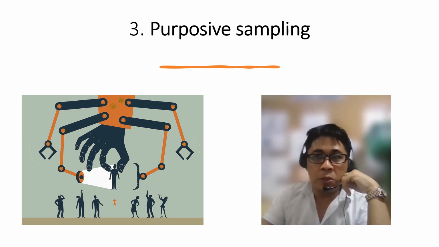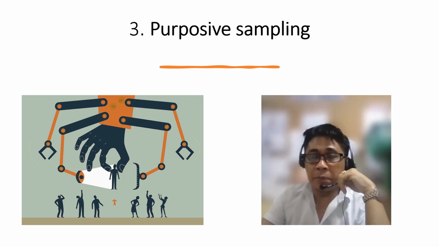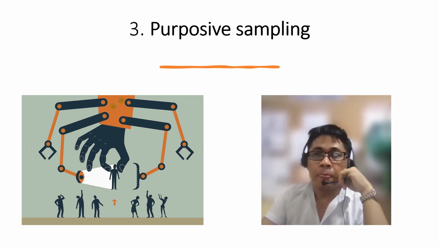An effective purposive sample must have clear criteria and rationale for inclusion. That means you have to explain and provide the qualifying characteristics of your sample so that you will be able to target the persons you would like to interview or to join your research.